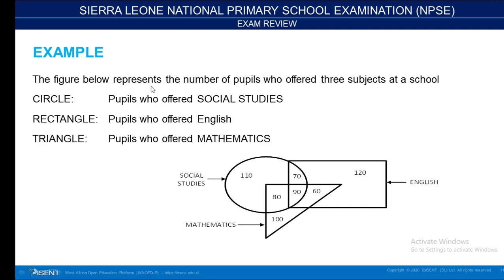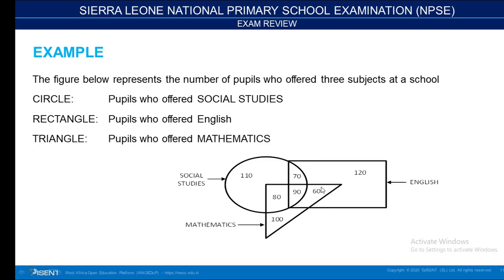The figure below represents the number of pupils who offered 3 subjects in a school. Now, let's look down here. These are the shapes. As I rightly mentioned, we have a quadrilateral. That is a rectangle.